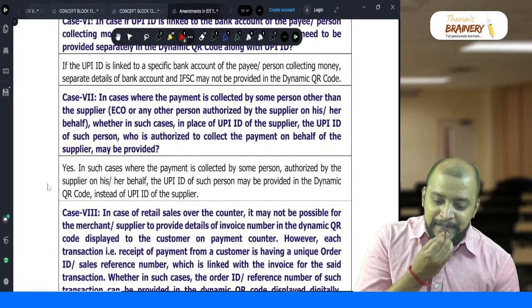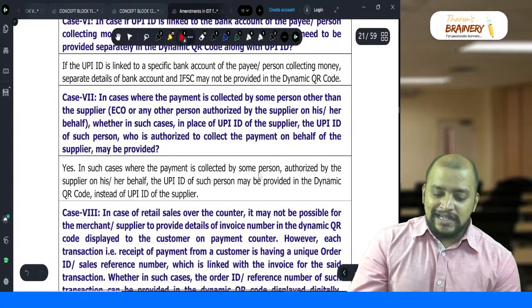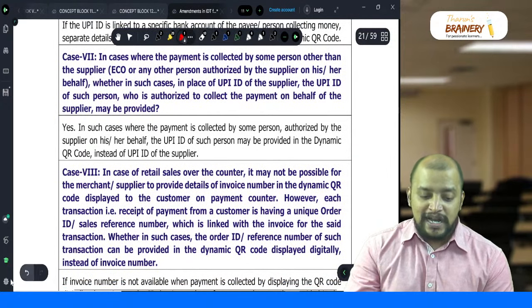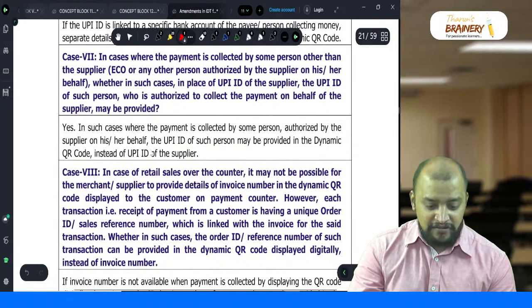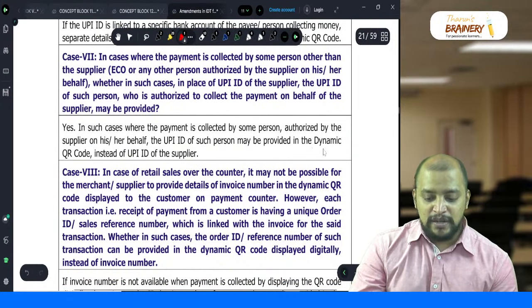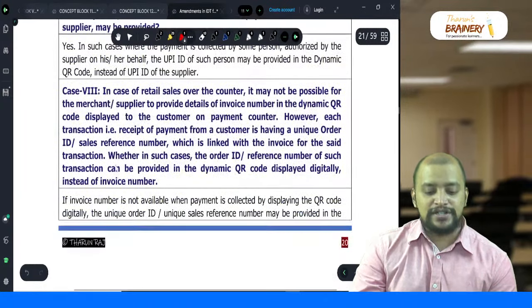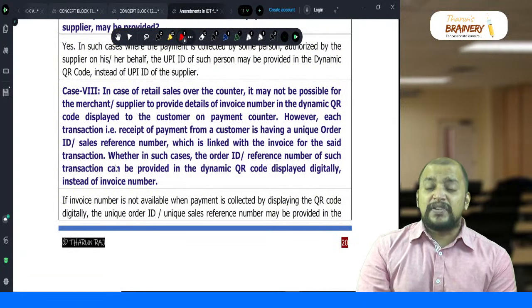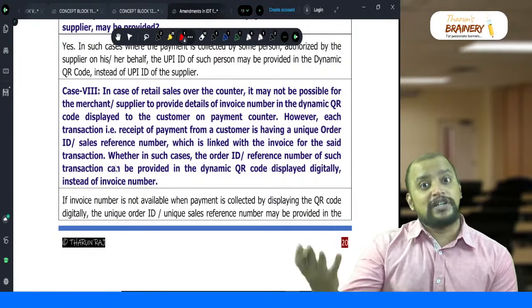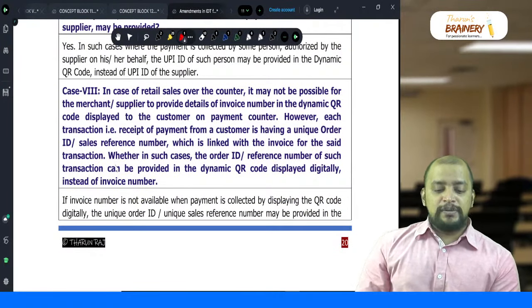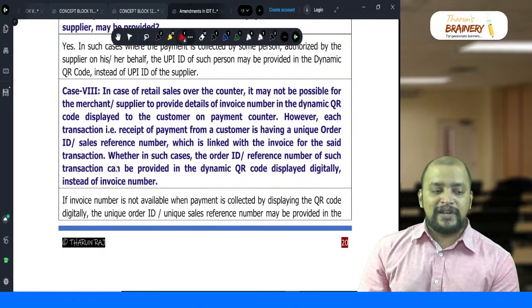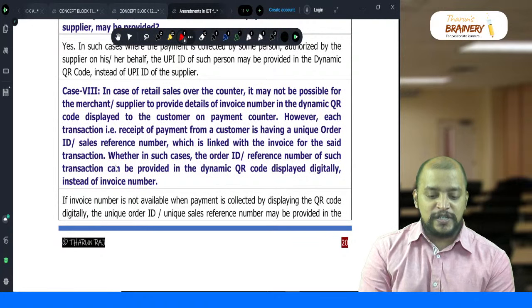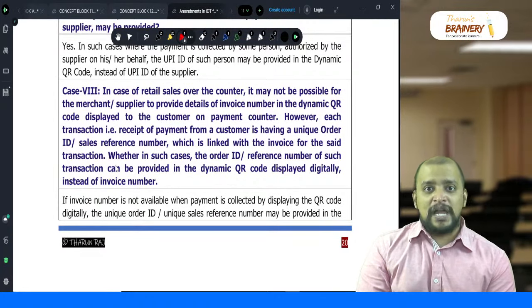Then, next. In such a case where the payment is collected by some person authorized by the supplier on his or her behalf, the UPI ID of such person may be provided in the dynamic QR code instead of the UPI ID of the supplier. Then next, in case of retail sales over the counter, it may not be possible for the merchant or supplier to provide details of the invoice number in the dynamic QR code displayed to the customer on the payment counter.